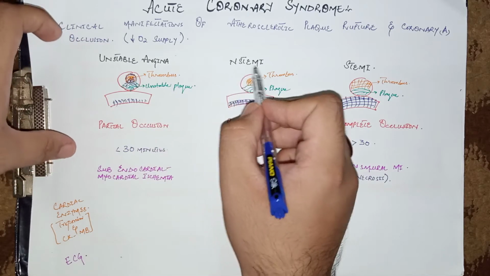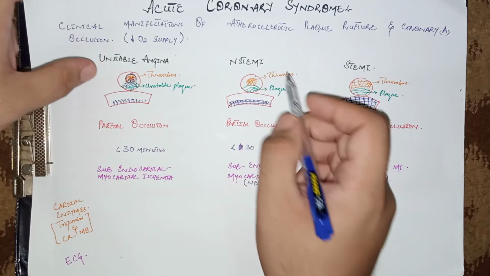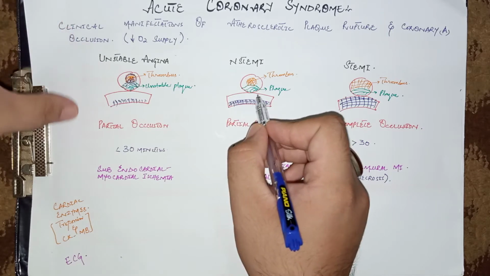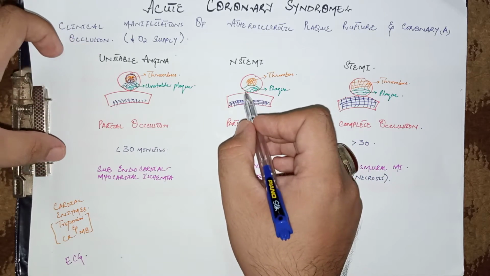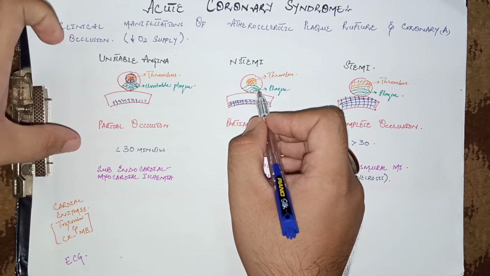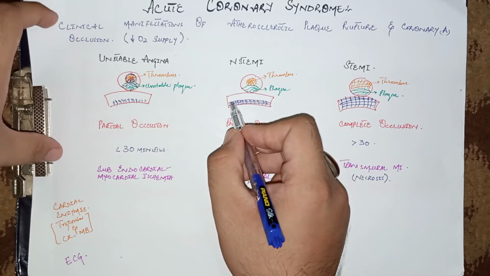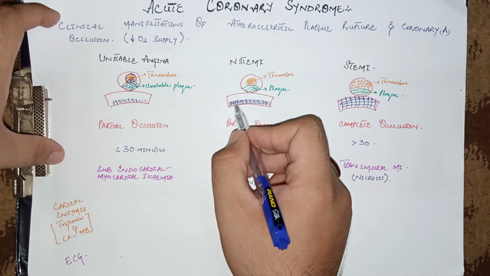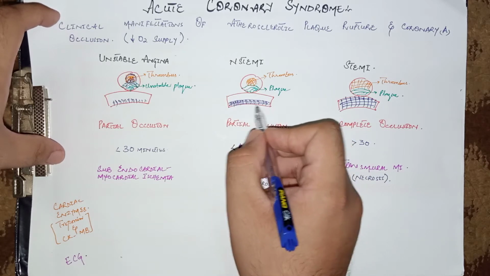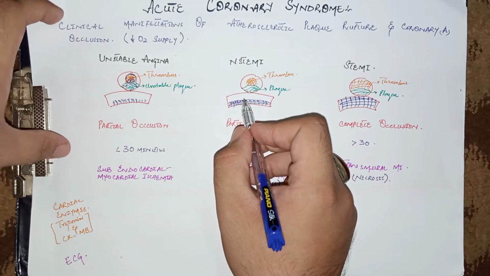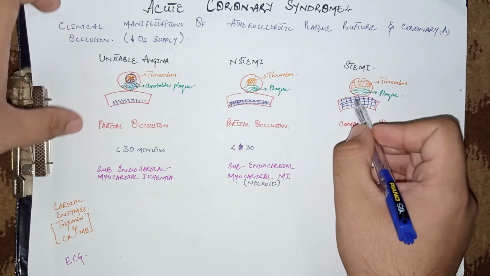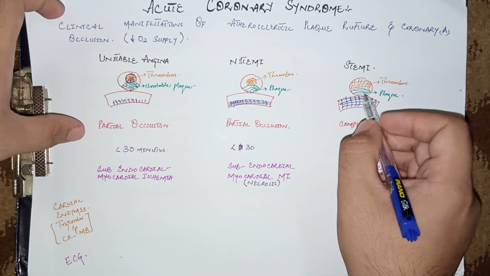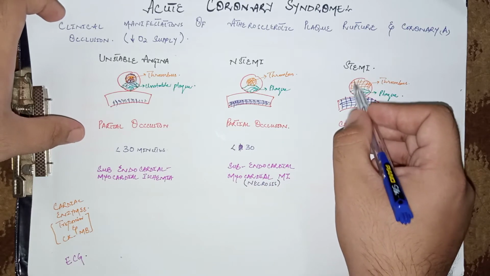Now come to the non-STEMI, that is non-ST elevation MI pathology. In this case, the pathogenesis is almost similar, with a superadded thrombus over the unstable plaque. But in this case, there is irreversible injury or necrosis of the subendocardial myocardium because of this partial occlusion. And in the ST elevation MI, there is a total occlusion of the coronary artery. On the plaque, there is a thrombus formation.